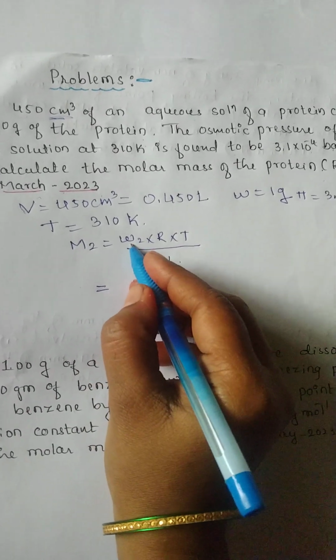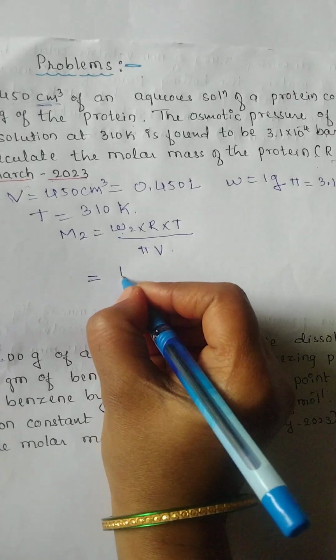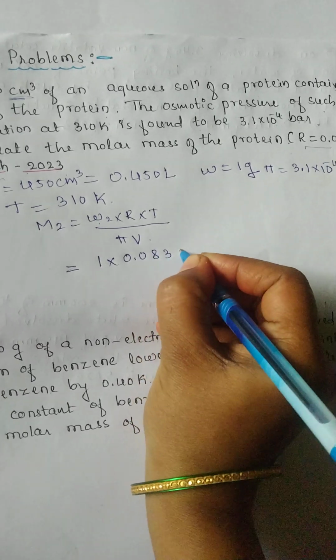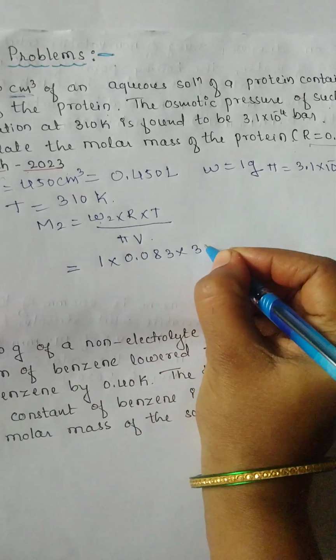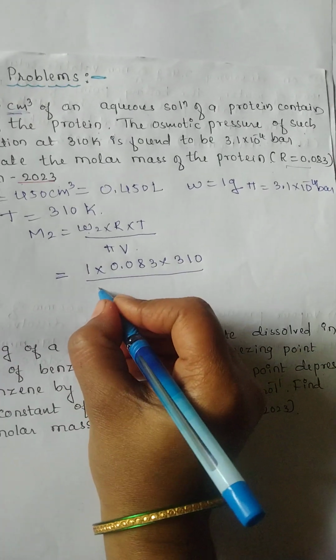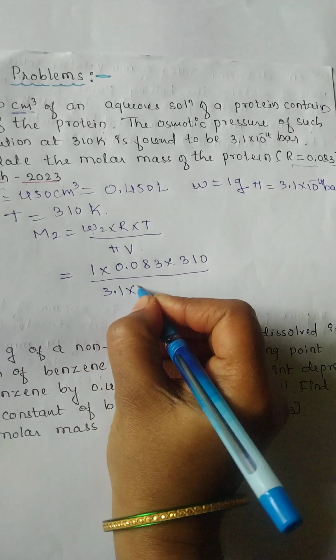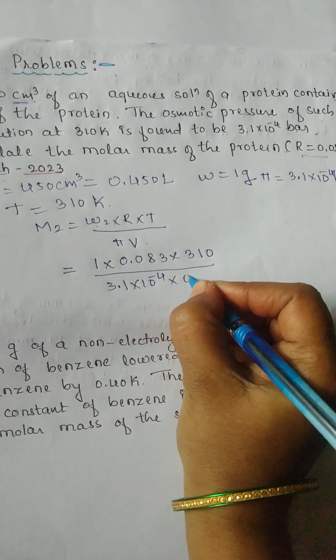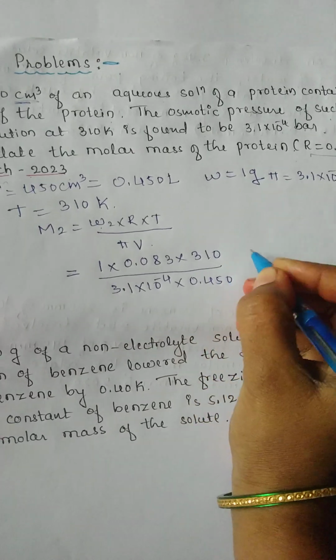So we know that the weight, that is W1 into R, is given 0.083 into 310 divided by, we know the pi value, 3.1 into 10 raised to minus 4, into the volume, which is 0.450.